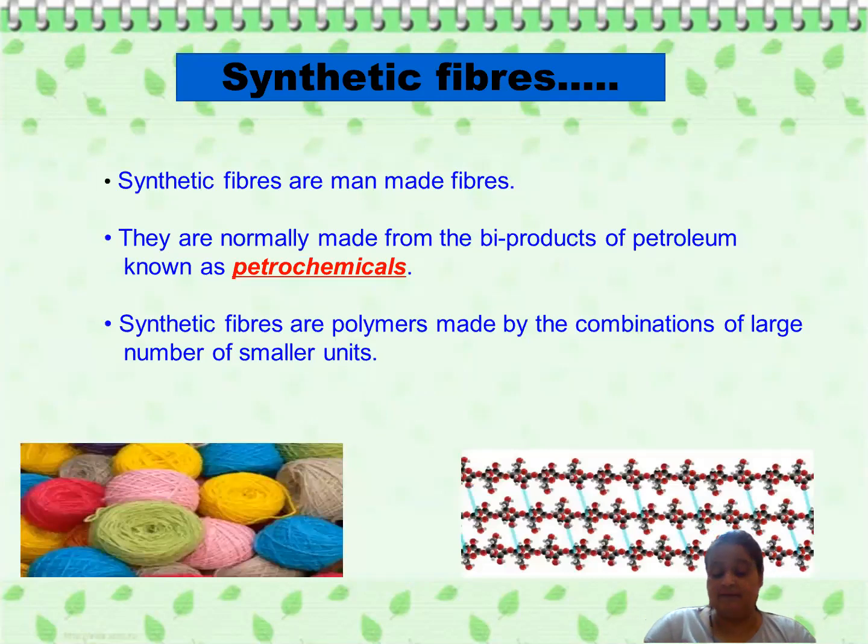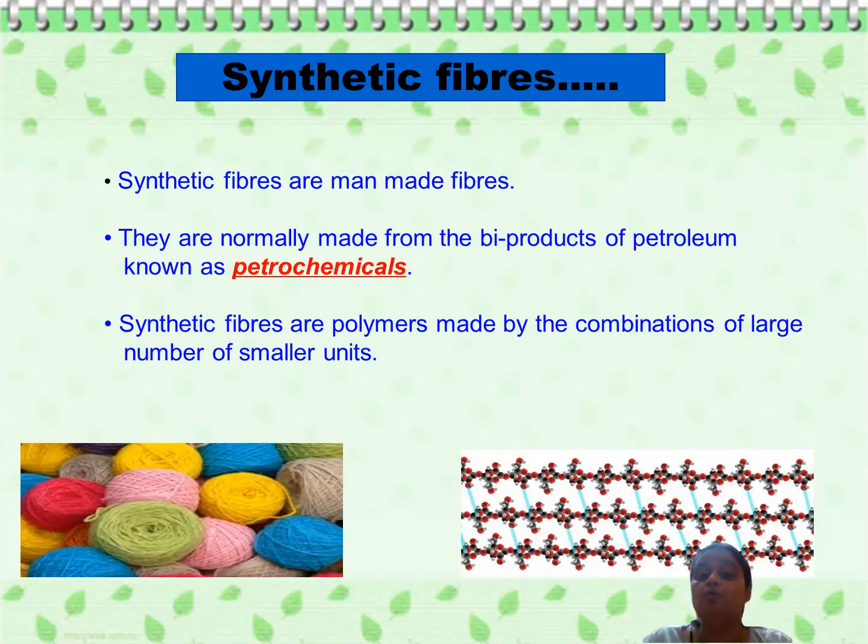Synthetic fibers are known as synthetic because they are not made by nature. They are made by humans in factories and industries, involving chemicals. What kind of chemicals? Petrochemicals. The chemicals used in preparing synthetic fiber are products of petroleum.